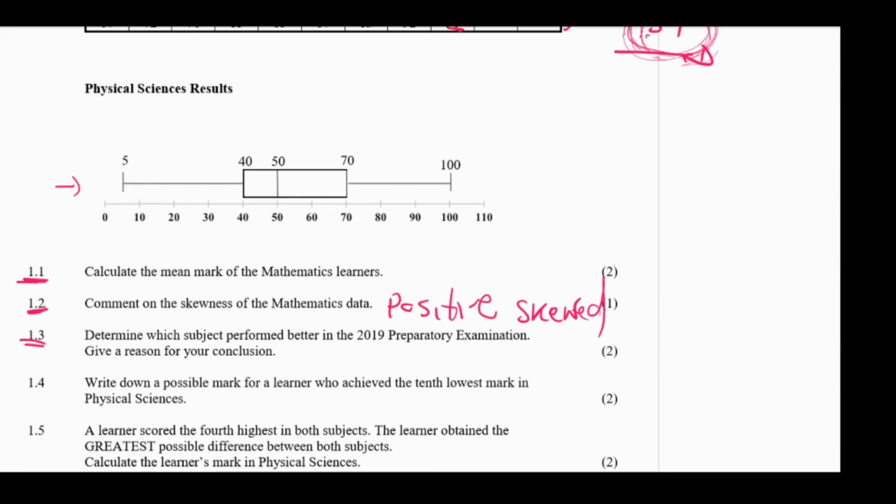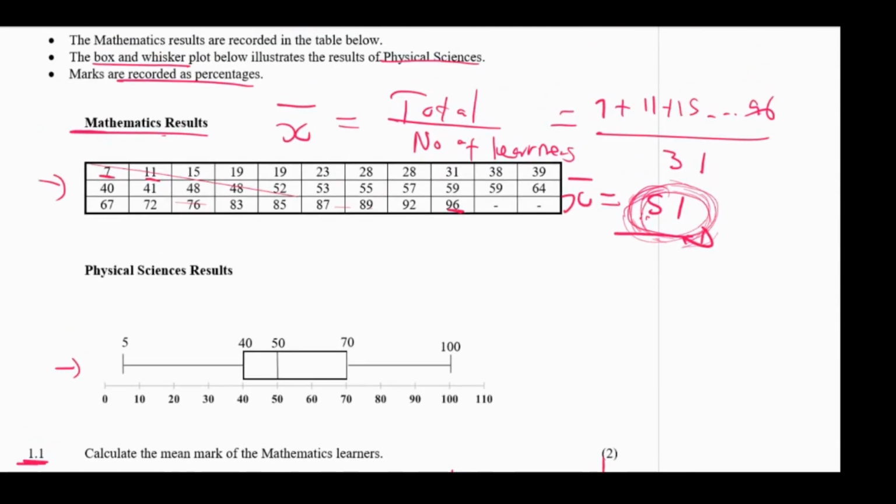1.3, determine which subject performed better in the 2019 preparatory exams and give a reason for your answer. How do we know which subject performed well, whether it's maths or physics?